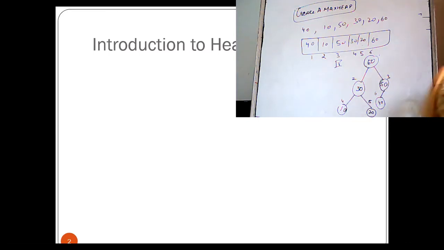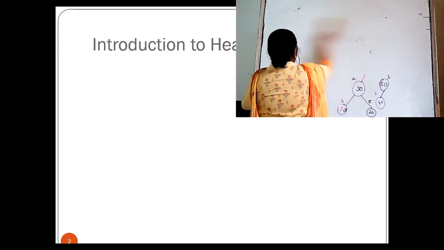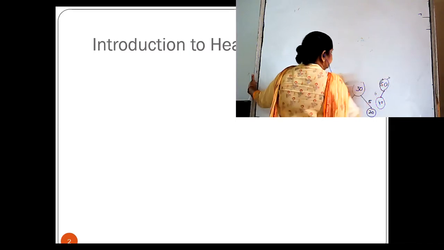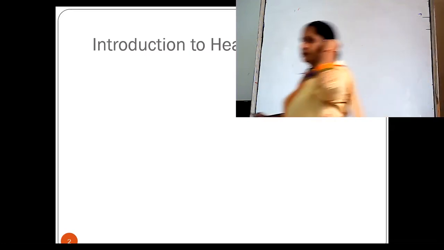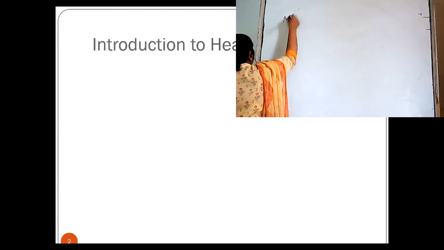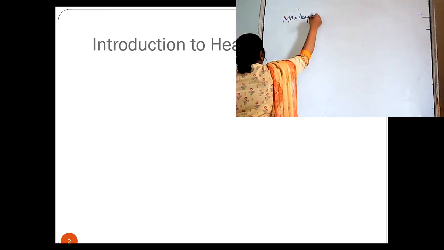First of all, we will write the max heapify algo because it is used in all the three. I will tell you the working of this, then we will move to other algos.